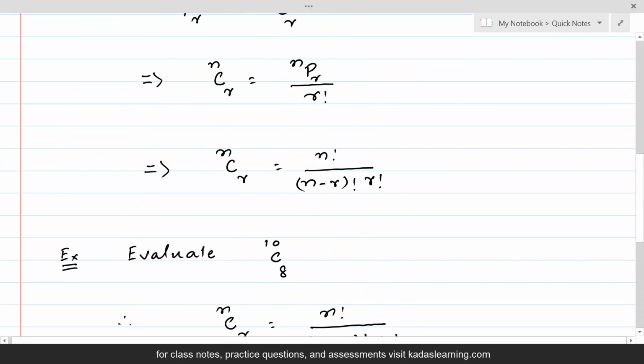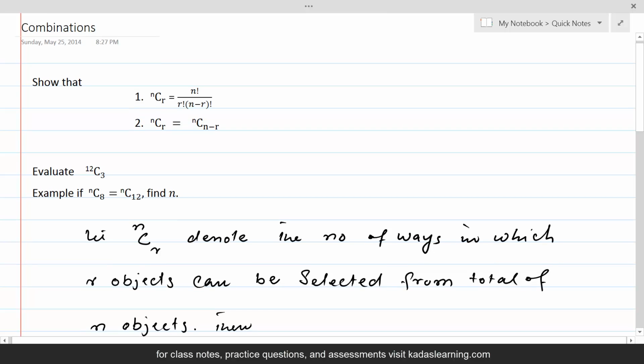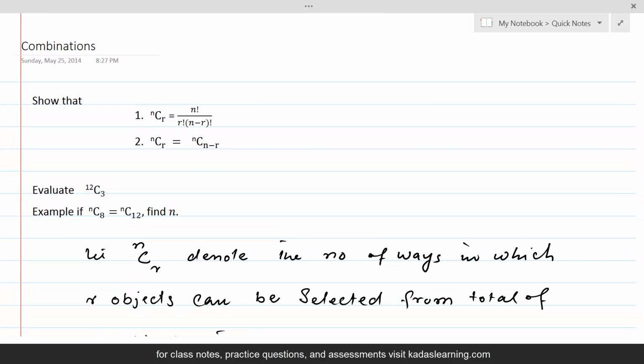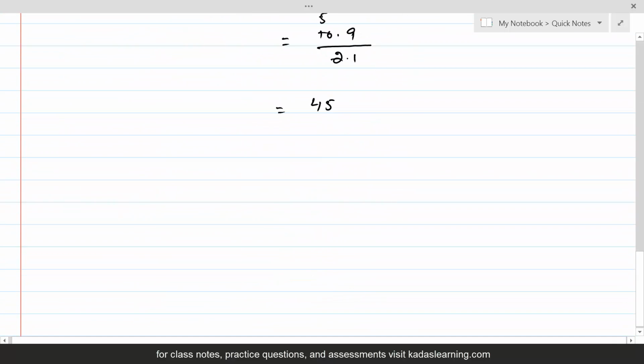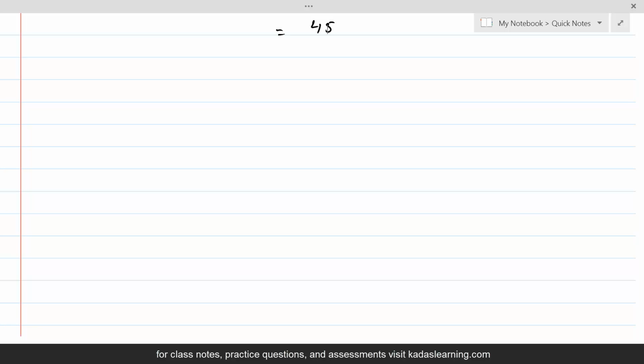And now let's do another example. It's given that NCR is equal to N factorial over R factorial times N minus R factorial. That's what we have proved. But in order to prove that NCR is equal to NC N minus R, let's expand both.